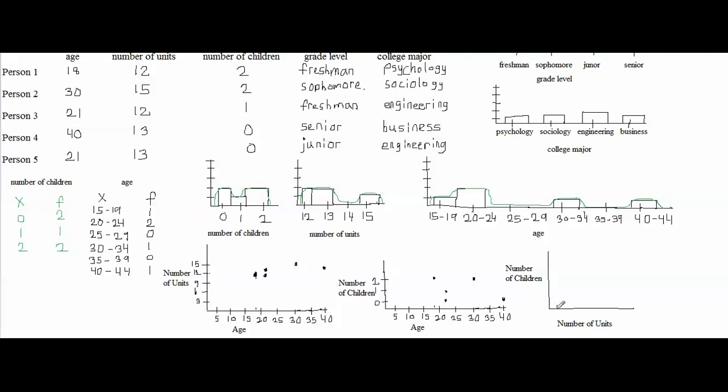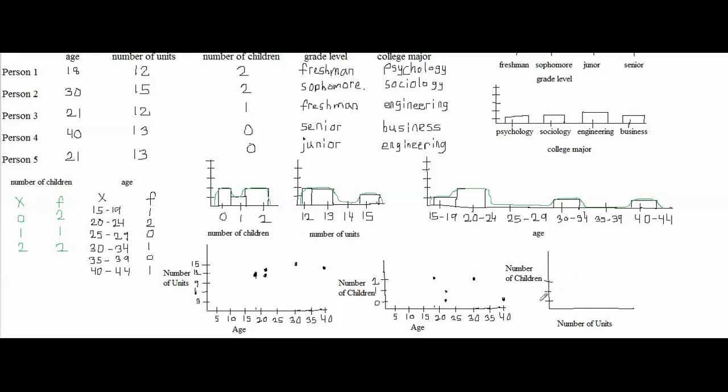Remember, number of units only has three different numbers inside of our data set. We only have 0, 1, and 2, which means we'll only have 3 tick marks. And number of children, oh, I'm sorry, not number of units. I was thinking number of children. Number of children only has 0, 1, and 2, so it'll be on the y-axis.